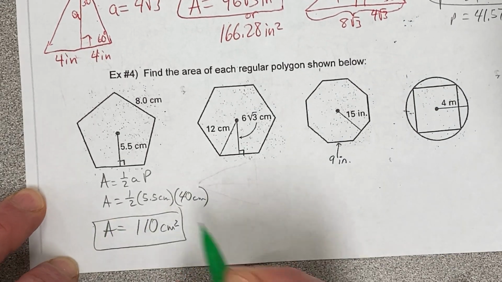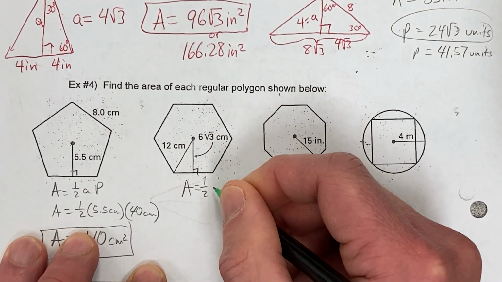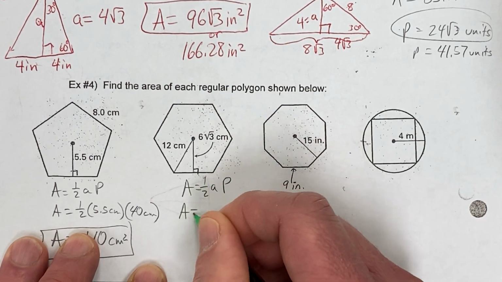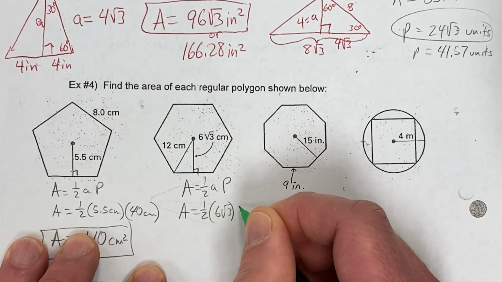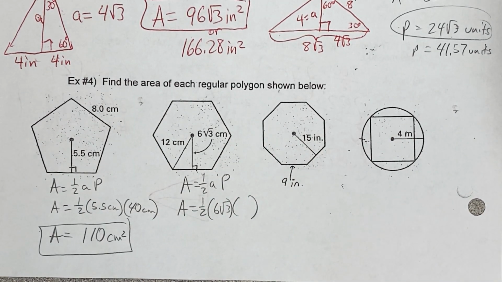All right, next up. Again, we're going to have area is equal to 1/2 the apothem times perimeter. Our apothem is 6 square root 3, and our perimeter is unknown.